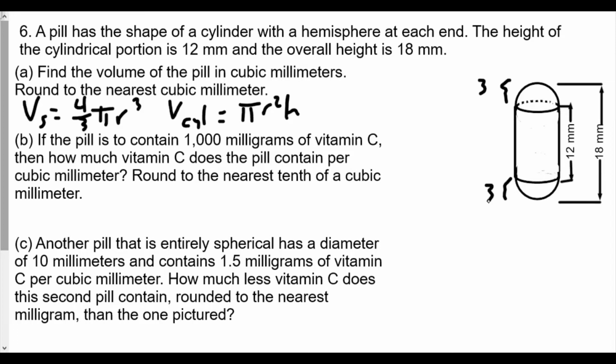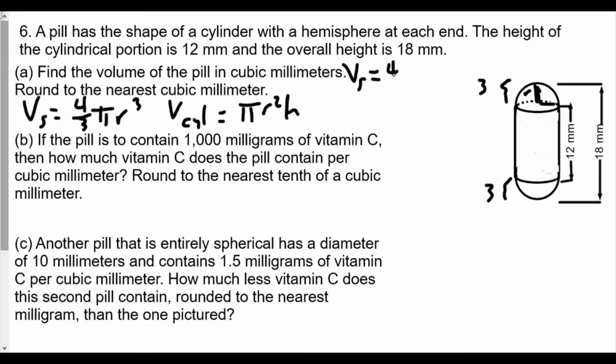So this will be our radius, not only for the hemispheres, but also for the cylinder. For the volume of the total figure, two hemispheres of the same shape make up one sphere, and therefore we're going to use our sphere formula.